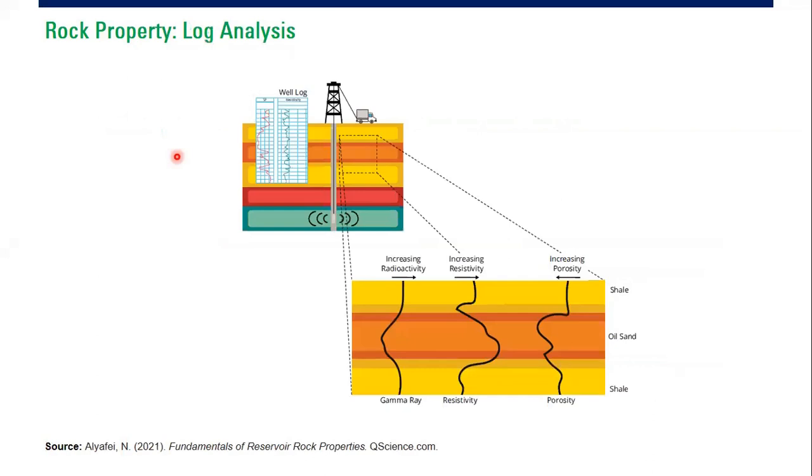And how can we get the information regarding the reservoir property, permeability or porosity? Of course, it comes from log analysis. Okay, it is easily understandable. We already know about this.